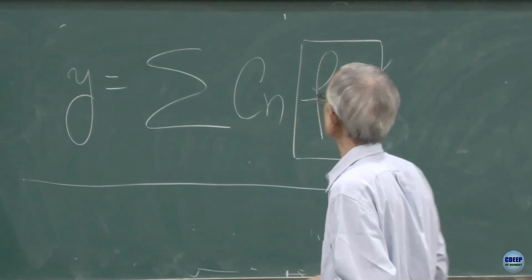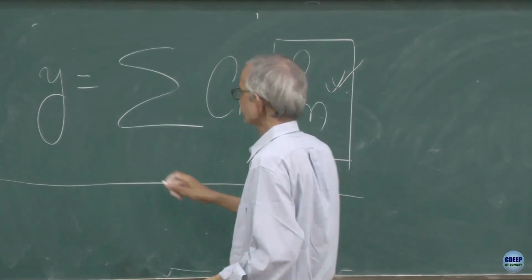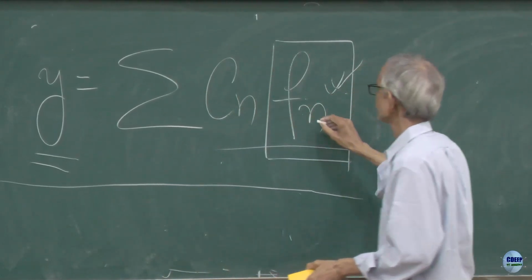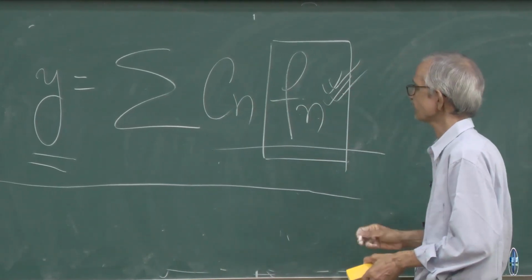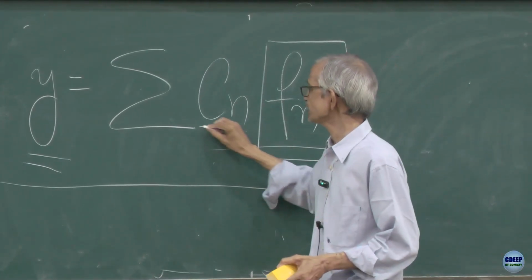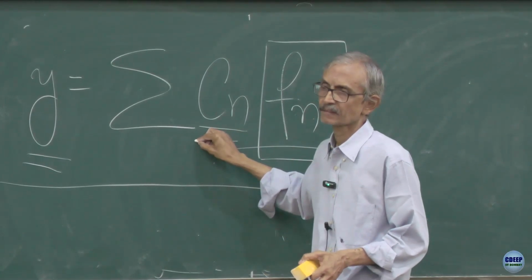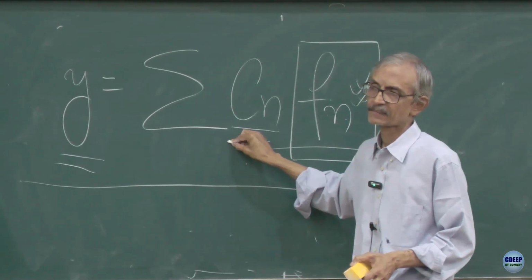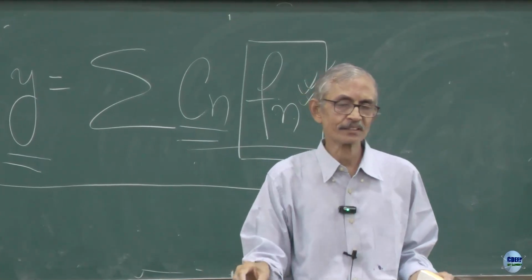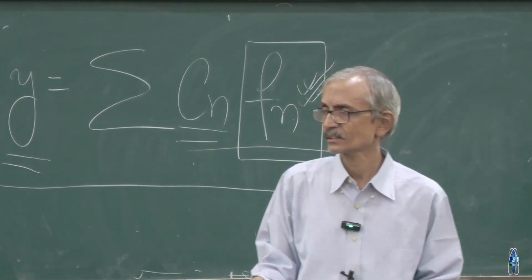So I can take any function, represent it as a summation of these eigenfunctions, and can I evaluate these Cn's? Is it easy or difficult to evaluate the Cn's?